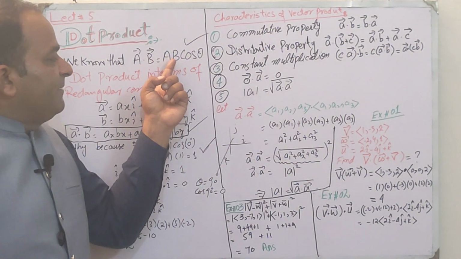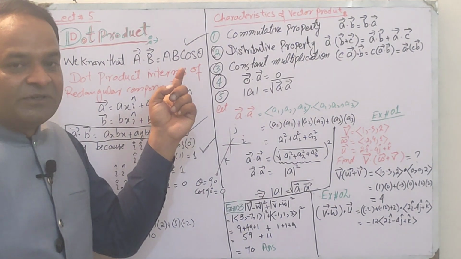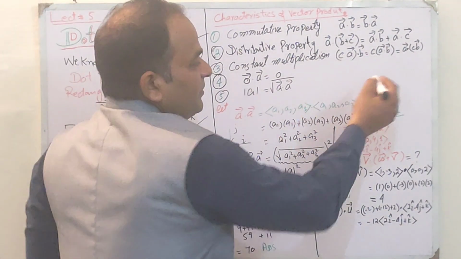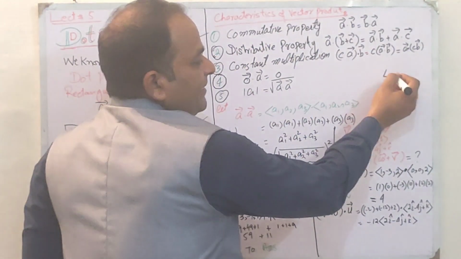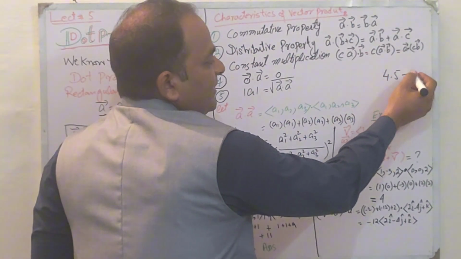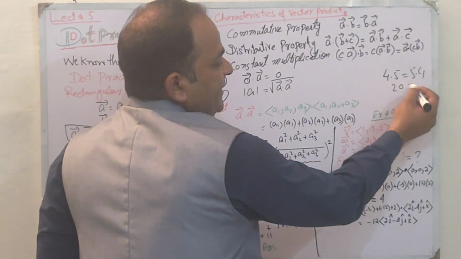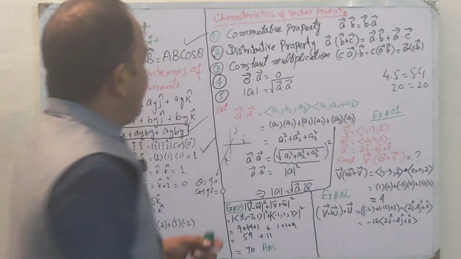And these a and b are magnitudes. So if they are magnitudes, you can multiply 4 times 5 and you will get 20, and 5 times 4 is also 20.